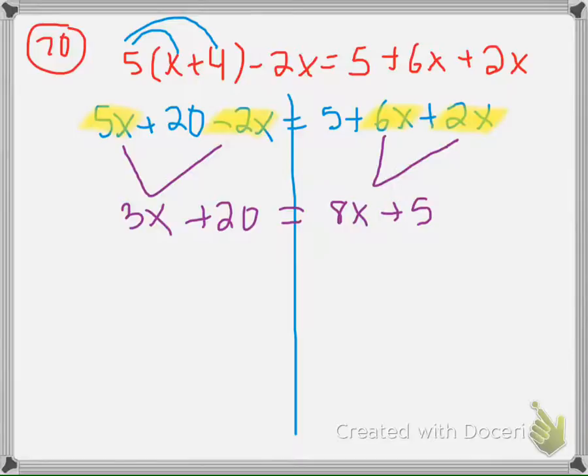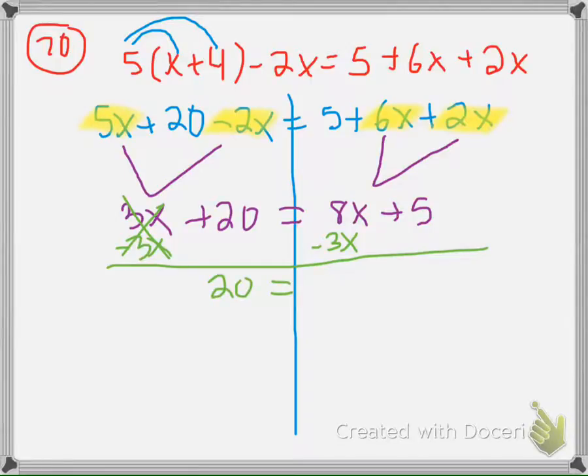I need to move x to one side. So I'm going to move my 3x. I'm going to show you that I'm doing another step by changing colors. I'm going to subtract my 3x to move it, and subtract it from the 8x. So now I have 20 equals 8 minus 3 is 5x plus 5.